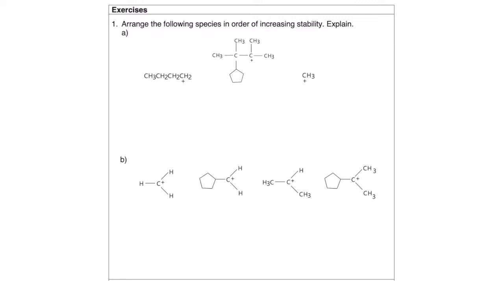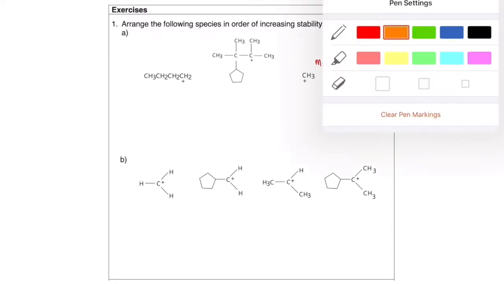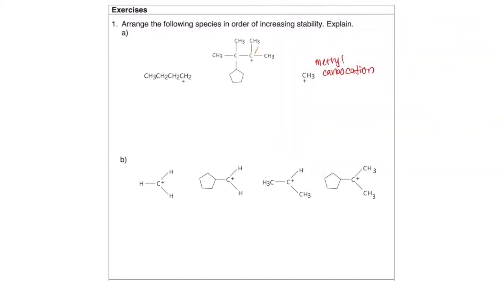Now let's take a look. In the first exercise, arrange the following species in order of increasing stability. Explain. So this one we have methyl carbocation, CH3+. Kemudian, the middle one, this is the carbocation that we are focusing on.